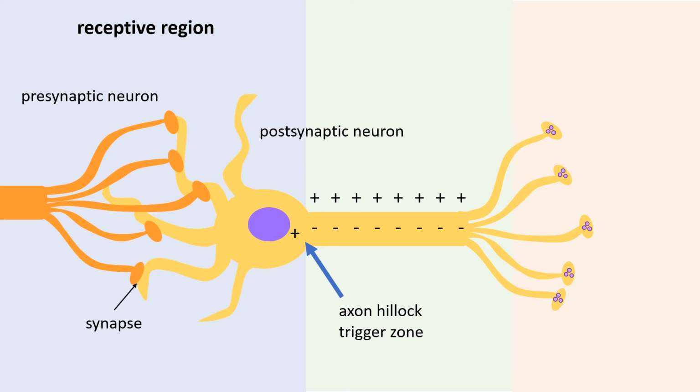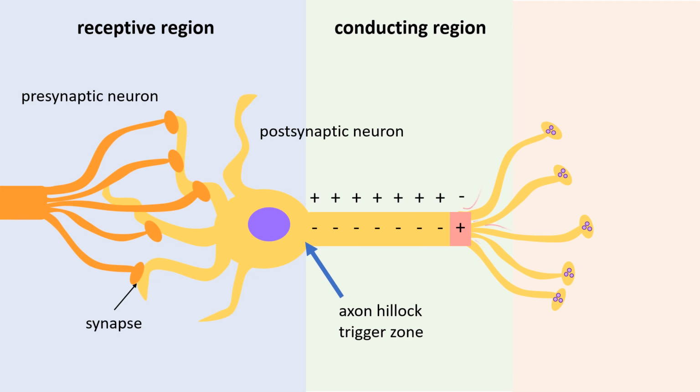So the impulse has made it to the axon hillock, and now it's going to start moving down the axon. And this part of the pathway is going to be called the conducting region or the conducting zone, because the impulse that was received by the dendrites is about to be conducted to the other end of the neuron. So here's where we're going to see that sequential depolarization and repolarization of the membrane as this impulse gets transmitted along our axon.